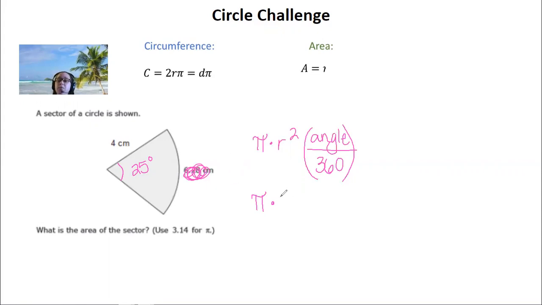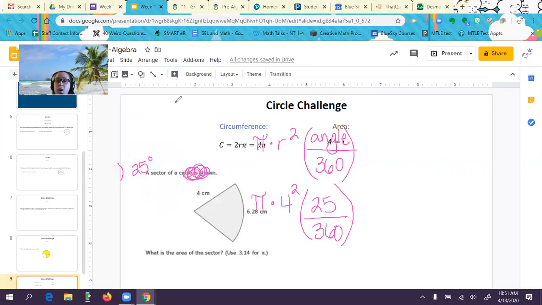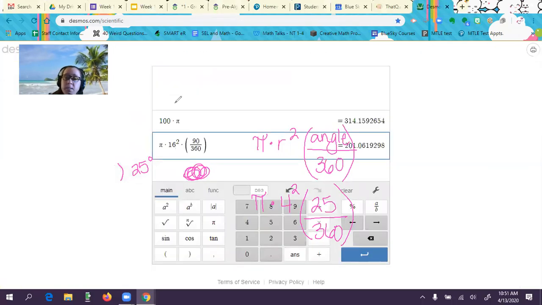It's going to be the 4. And then the angle that I'm given is 25 out of 360. And then we're just going to enter that into Desmos. What's awesome is I already typed it in, so I just have to go back and change the values.